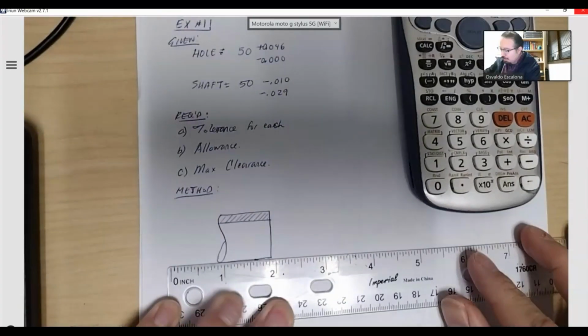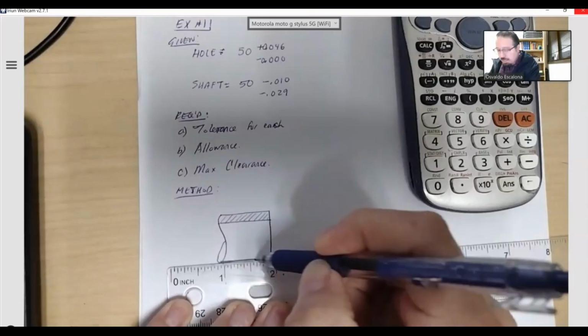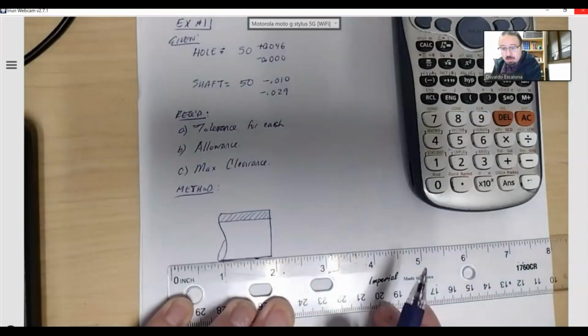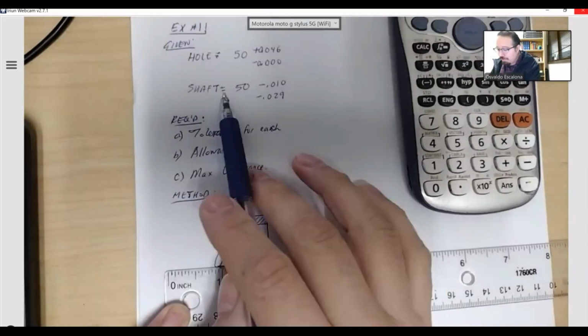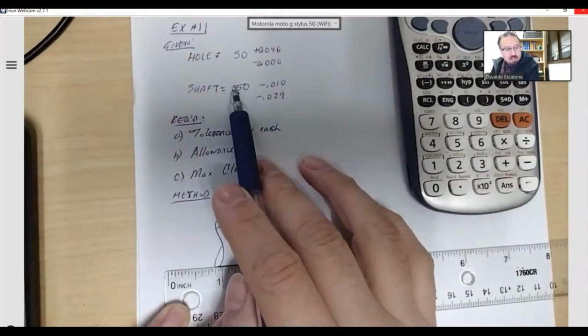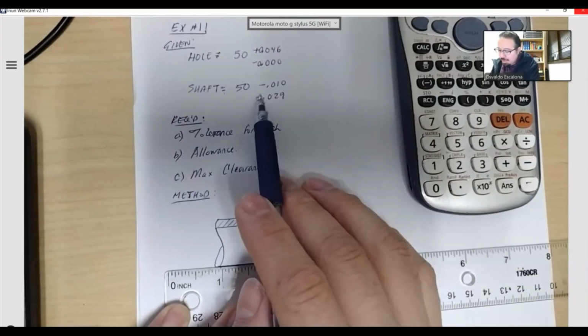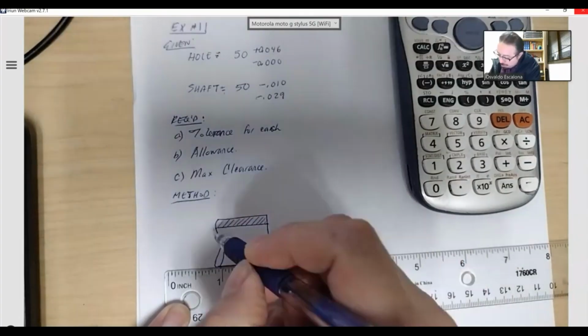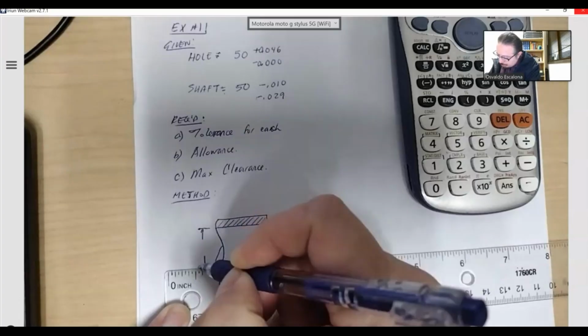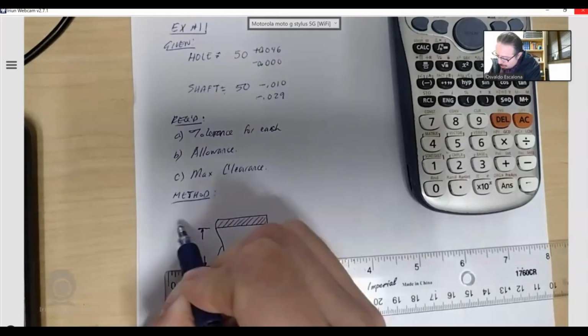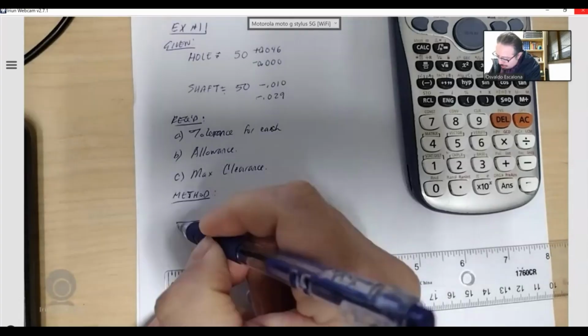So the size, let's talk about it like a datum. When I measure my pin based on the shaft, it has a size of 50 minus 0.029, which will give me the minimum it could be, and it also has a size which will be the maximum it could be.